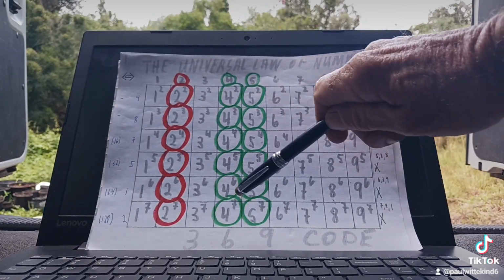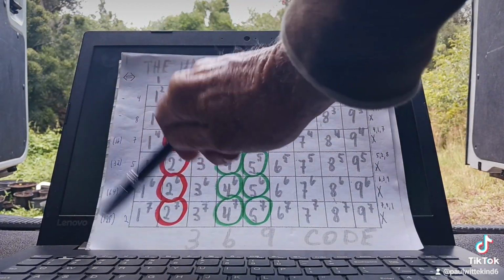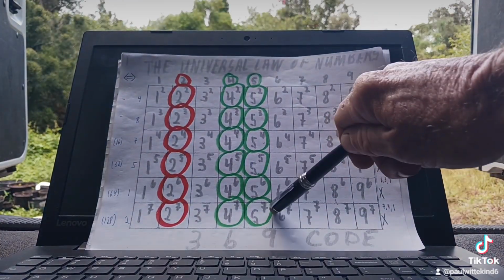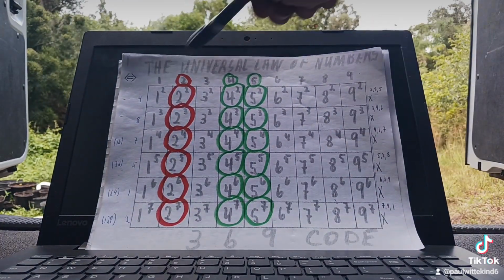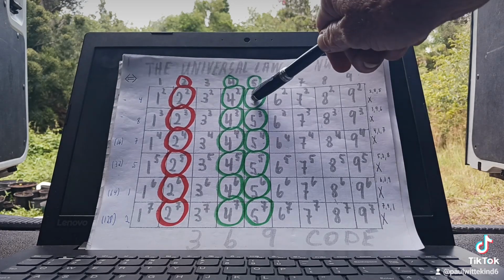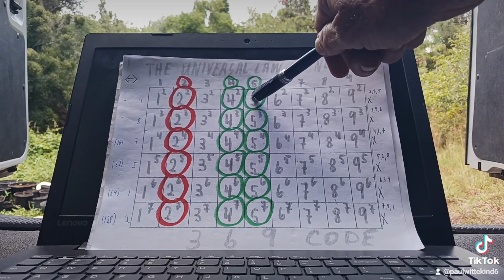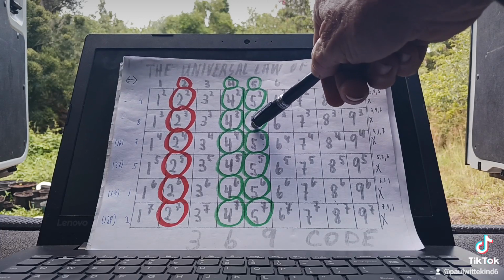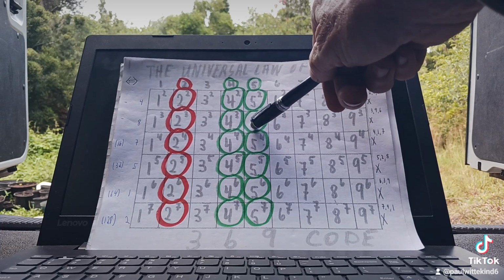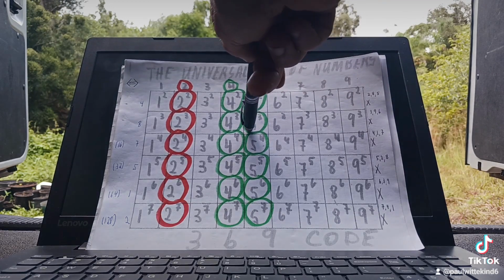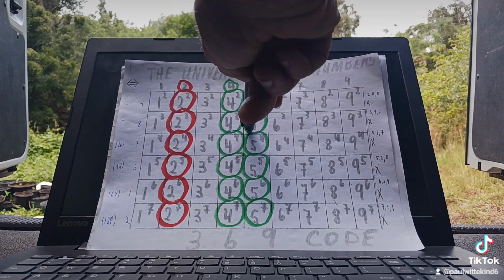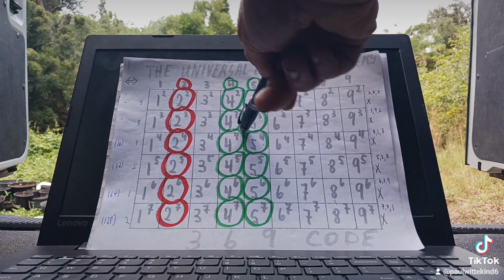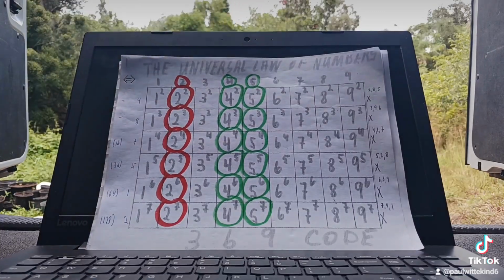And 4 to the 7th times 5 to the 7th is 128 with 7 zeros. 4 to the 8th times 5 to the 8th is 256 with 8 zeros. 4 to the 9th times 5 to the 9th is 512 with 9 zeros, etc.